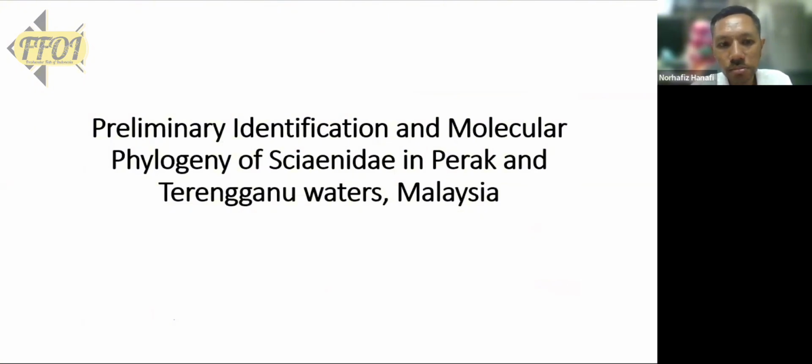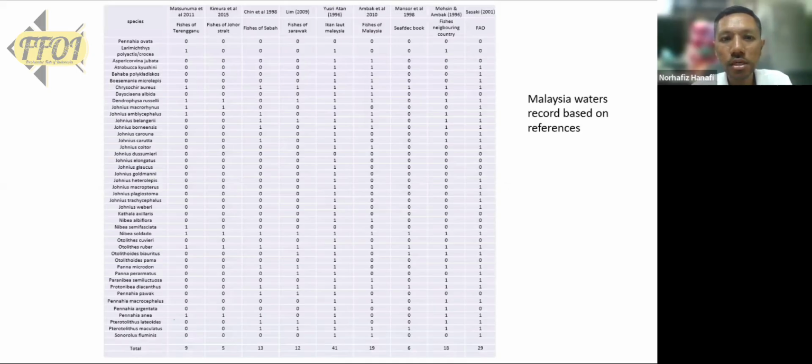Okay, let me share the first part of my preliminary identification and molecular phylogeny of Sciaenidae in Perak and Terengganu waters. Perak and Terengganu are like states in Malaysia. Here, I want to show you the Malaysian water records based on book references.